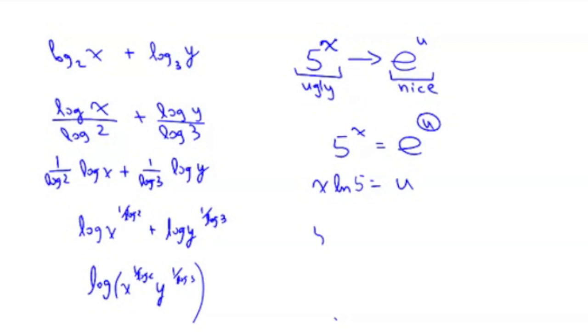The x comes down, ln of 5. When ln and e run into each other, they go poof and you're left with u. So 5 to the x is the same thing as e to the x ln of 5.